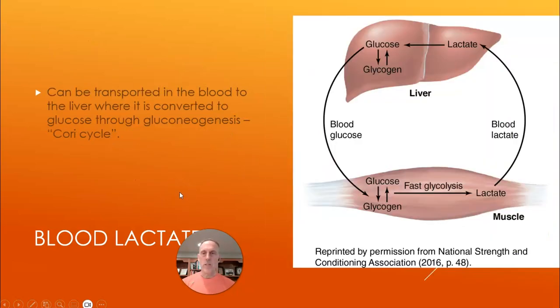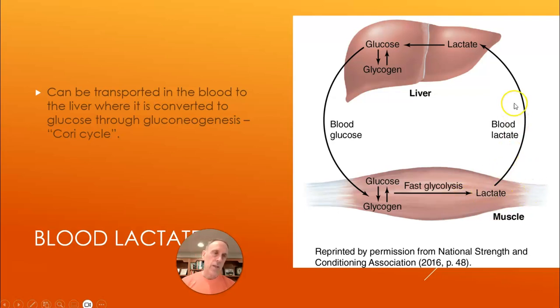So I'm going to jump over to this next one. The lactate itself, in this cyclical process, what we're seeing here is you have fast glycolysis. We create lactate because the pyruvate can't go into the Krebs cycle because there's not enough oxygen. So the pyruvate becomes lactate.